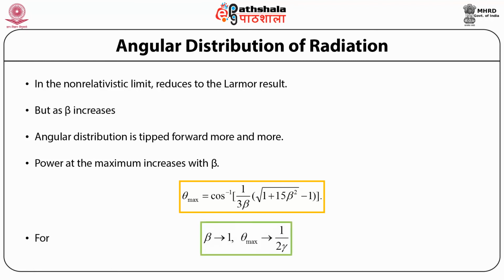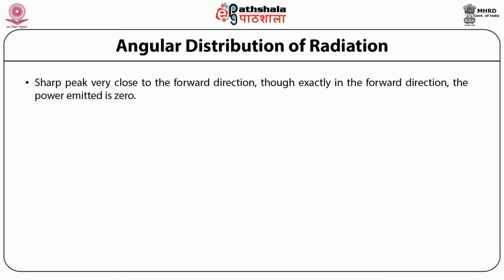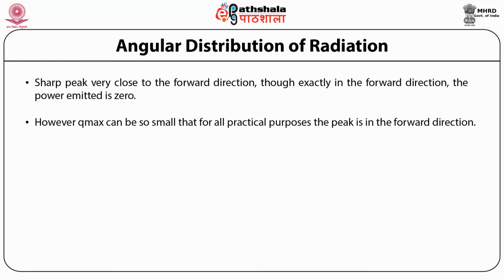So for beta tending to 1, theta max tends to 1 divided by 2 gamma. Thus, there is a sharp peak very close to the forward direction, though exactly in the forward direction the power emitted is 0. However, theta max can also be so small that for all practical purposes the peak is in the forward direction.